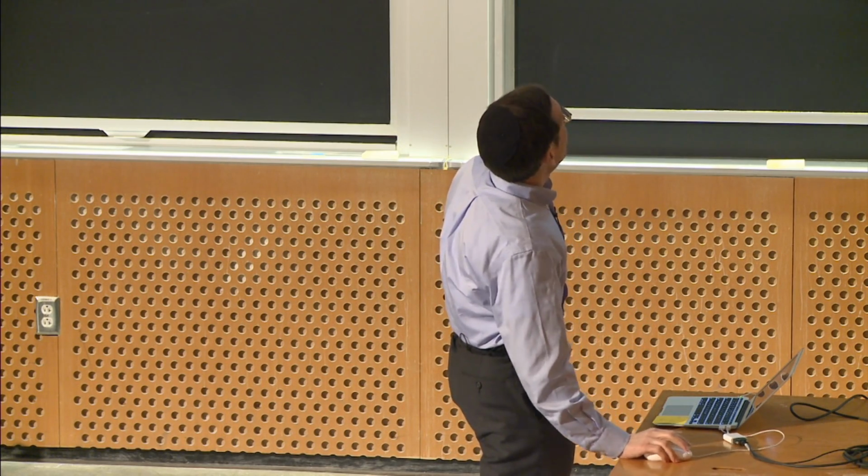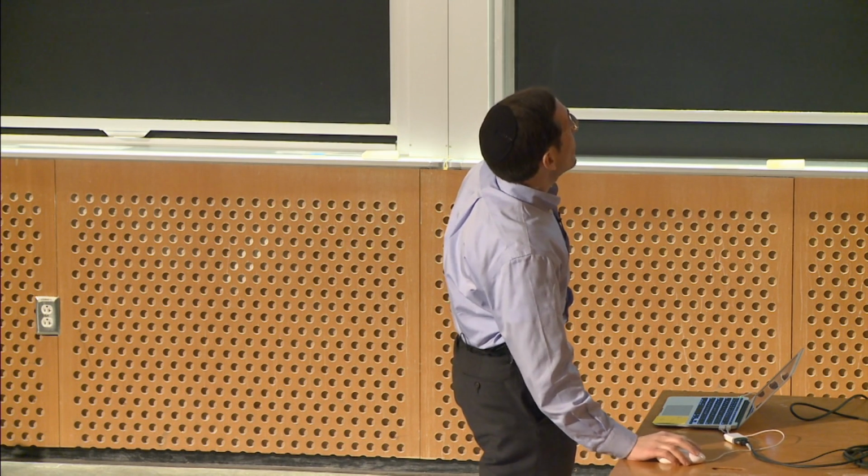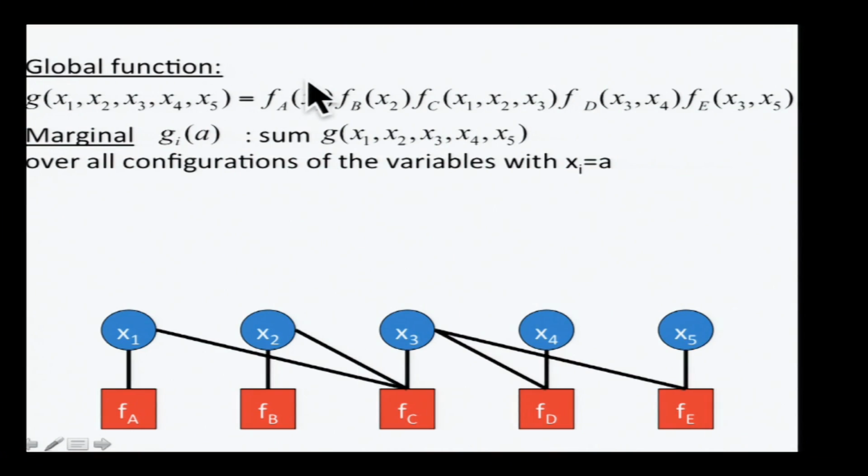Okay, so I have some global function. In this case, this little factor graph over here, this is the global function. Now remember, these represent the factors, and they only have edges to things that are terms in their equations. So FE over here is a function of x3 and x5, and so it has edges to x3 and x5, right? And so on for all of them.